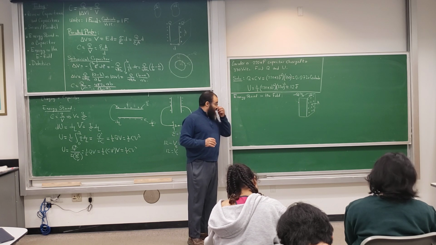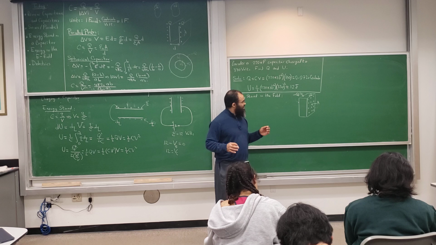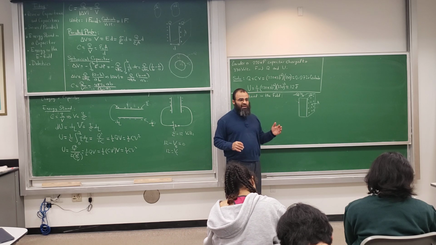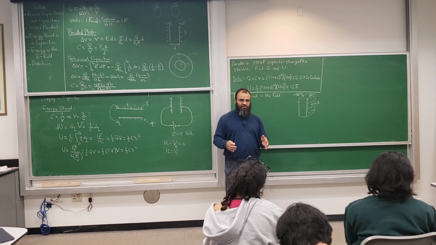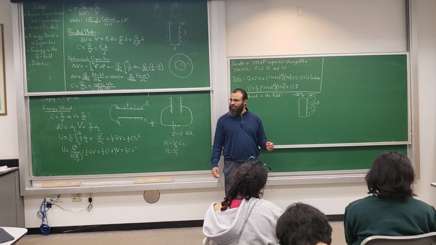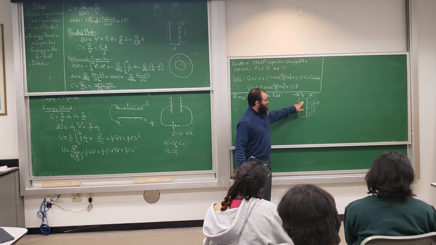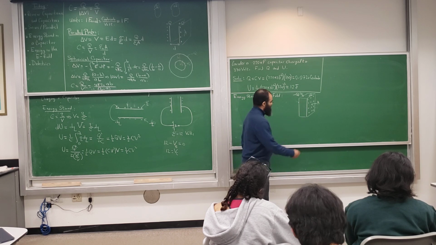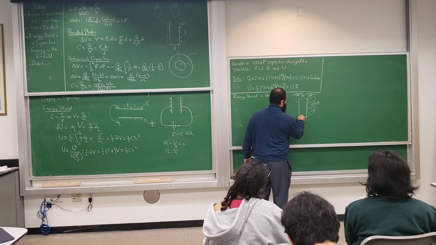So in that approximation, there is only electric field between the 2 sheets. Remember the infinite sheets? There is no electric field outside. So we just have electric field here. The distance from here to here is D.